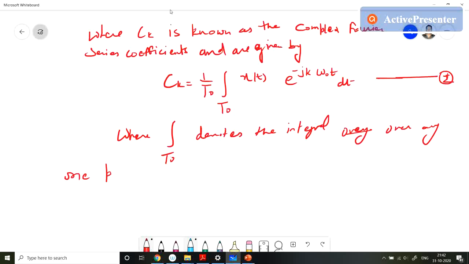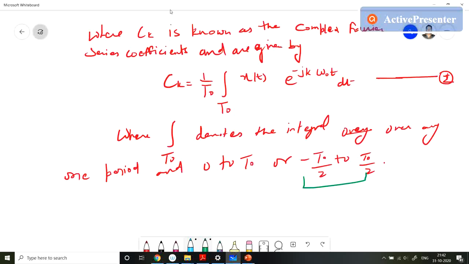It may be from 0 to T naught, or from minus T naught by 2 to plus T naught by 2. Generally we take minus T naught by 2 to plus T naught by 2, and sometimes we take the integration from 0 to T naught also. Whichever we find convenient, we use.